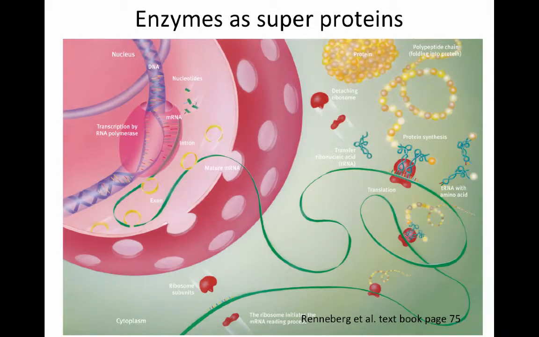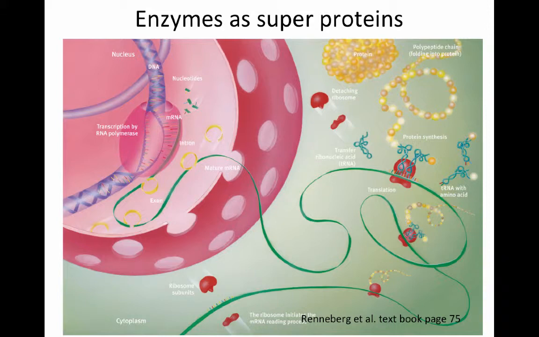Again, remember this basic process of DNA encoding genes. DNA is transcribed into messenger RNA. This messenger RNA has codons. Each 3 nucleotides are a codon that represents one amino acid.